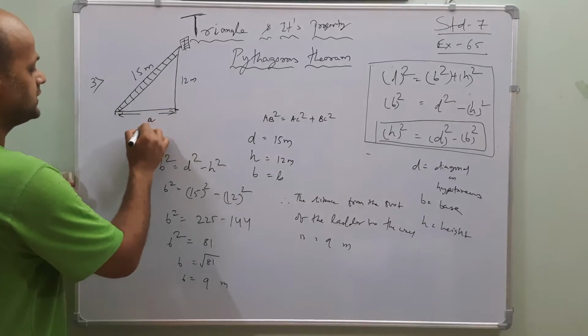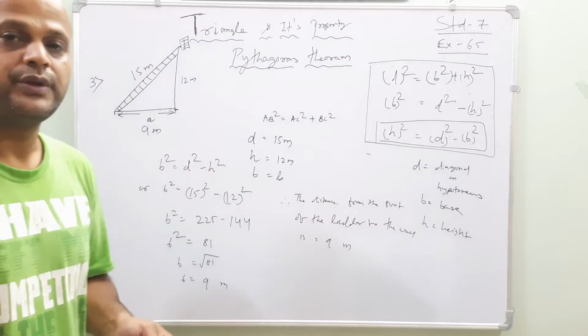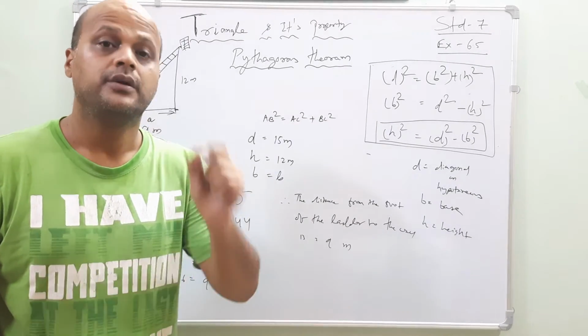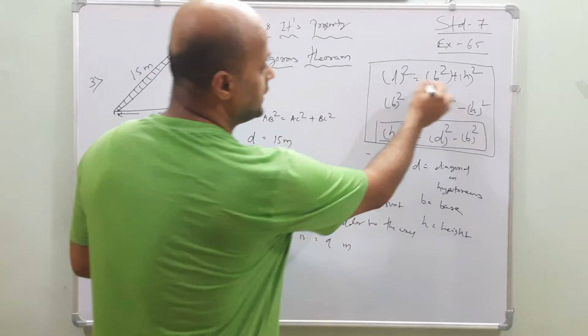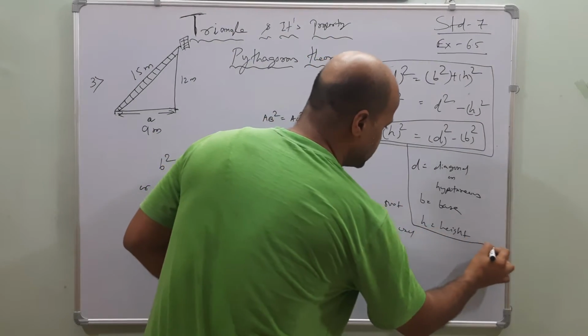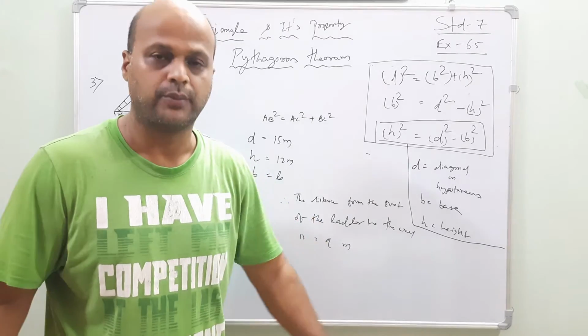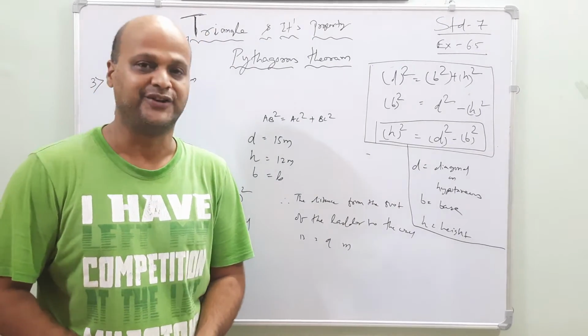So now base is equal to 9 meter. In this manner you have to find out the solution by using the Pythagoras theorem. For that you have to remember these things. Okay, my dear friends? This is the formula. If you remember this formula, then you can solve any problem related to the Pythagoras theorem. Understood, my dear friends? Okay, very good.